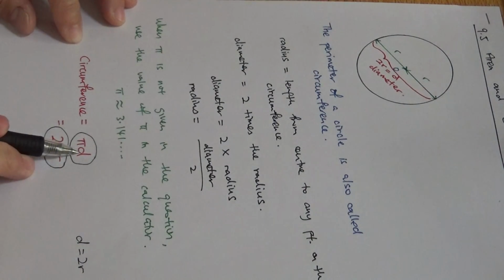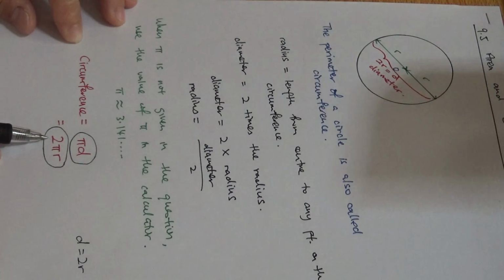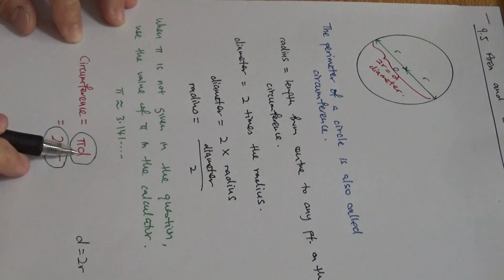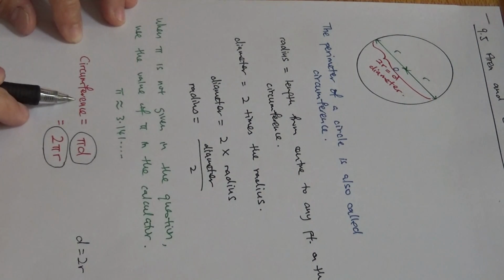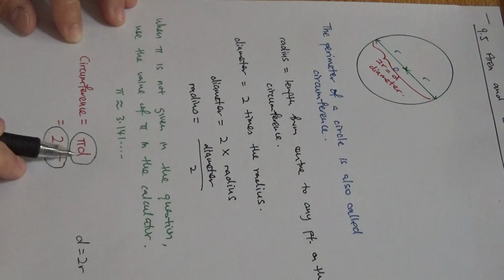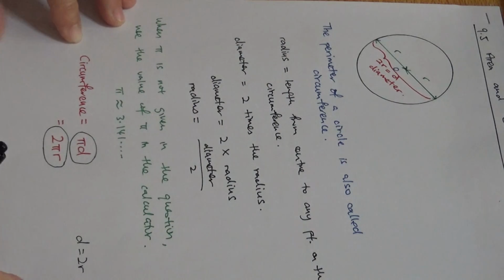So when you replace d by 2r, these two formulas are actually equivalent. Remember I said we always put a number in front. So pi d is the same as 2 pi r. So circumference of a circle is given by pi d, pi times diameter, or 2 times pi times radius. Remember these two formulas for the circumference.